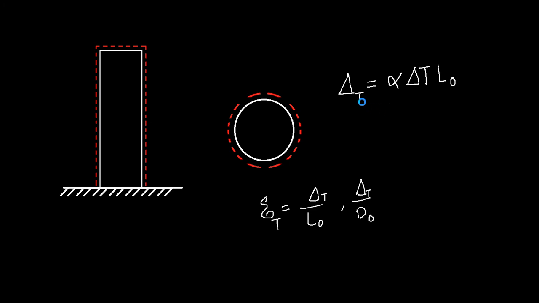So the change in length or change in dimension is alpha delta T times the original dimension. In here we are talking L0, but it can be a radius or a diameter or whatever dimension you are considering.